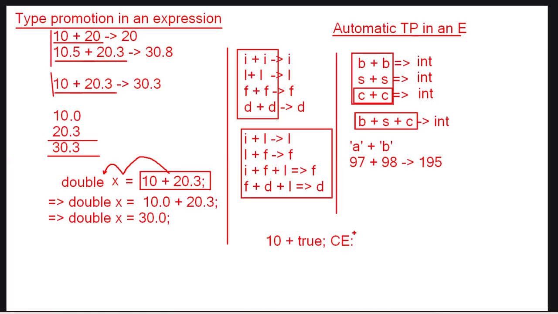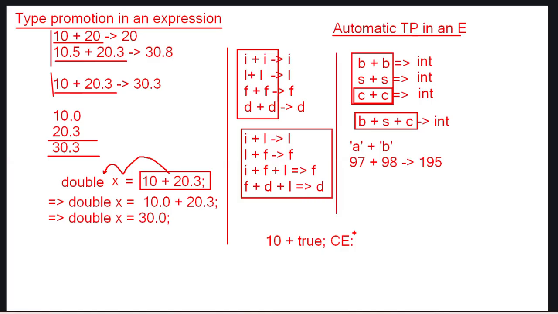Point number 2. If you prepare an expression with the same type of operands, the result of that expression is the same type. If I prepare an expression with different compatible data types, then the lesser type value is promoted to the highest range data type used in this expression, and the result is of the highest range data type.